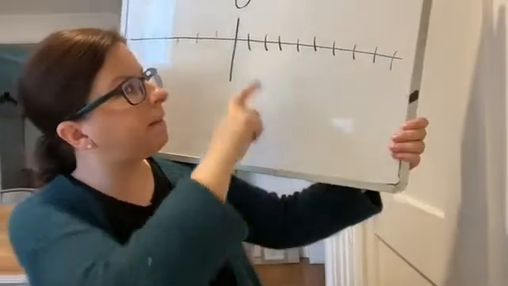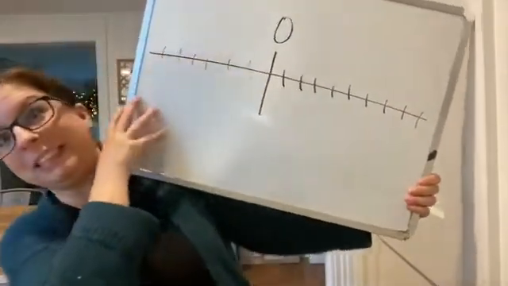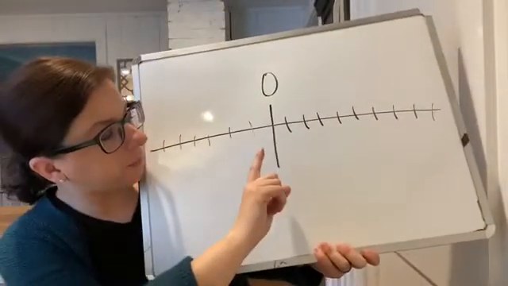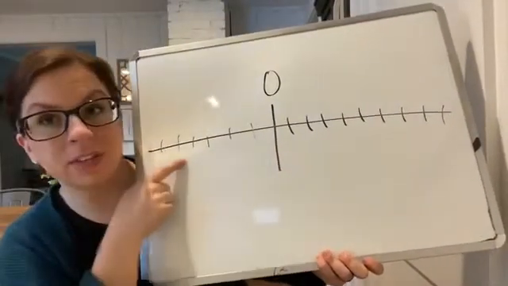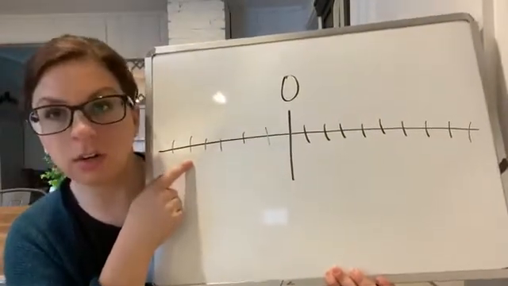If you have a number line, 0 is going to be in the middle of it when you're talking about fractions or decimals, because anything to the left of the 0 is going to be under a whole number.